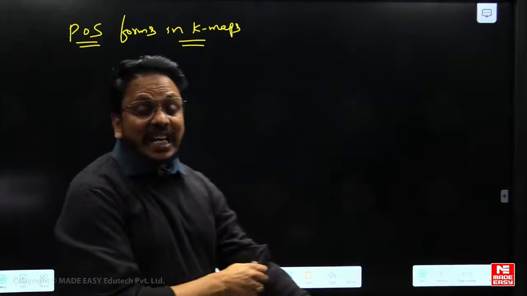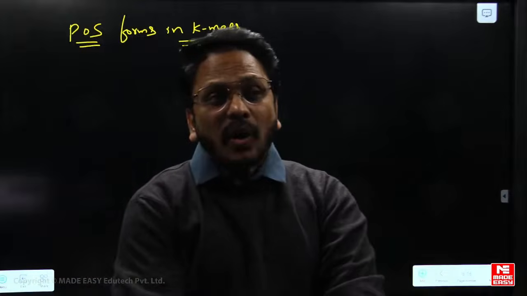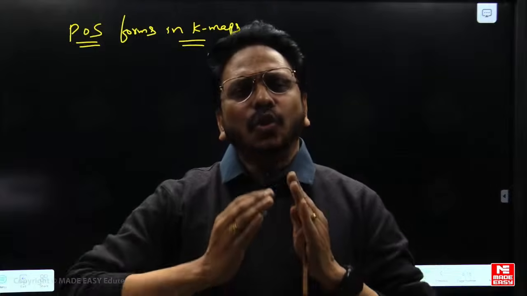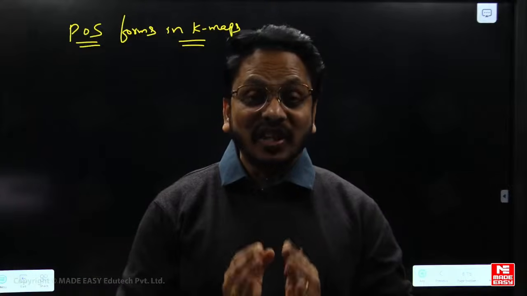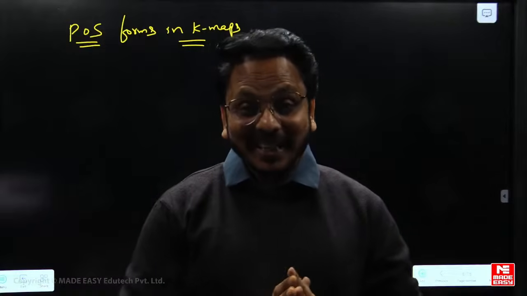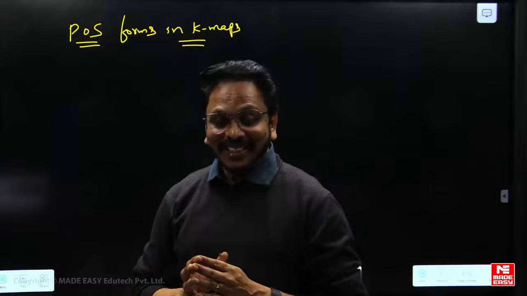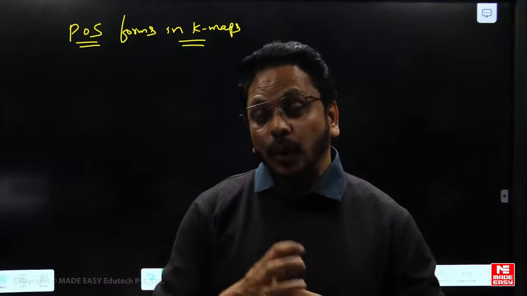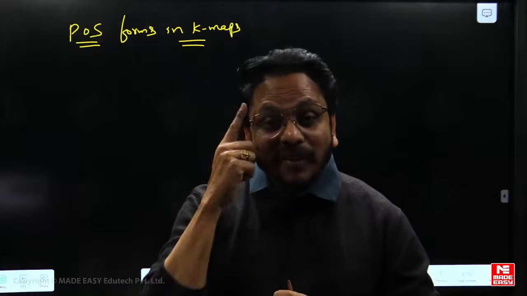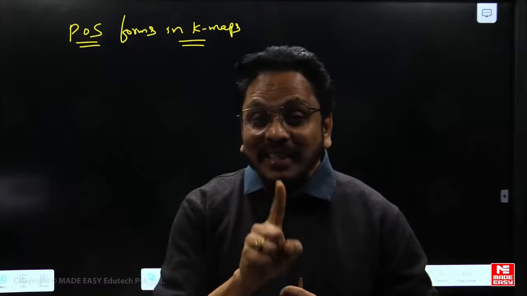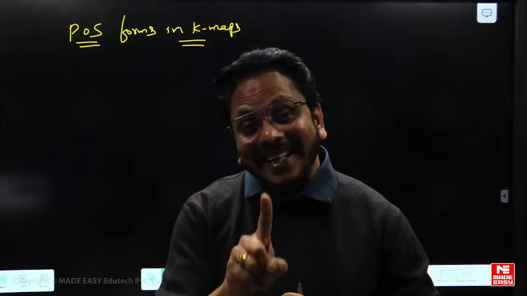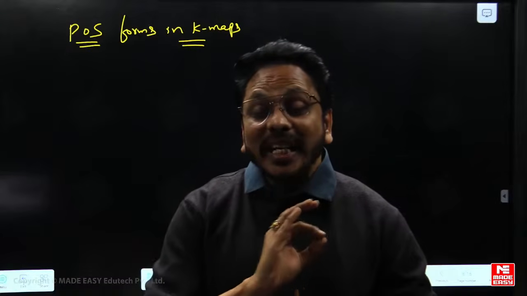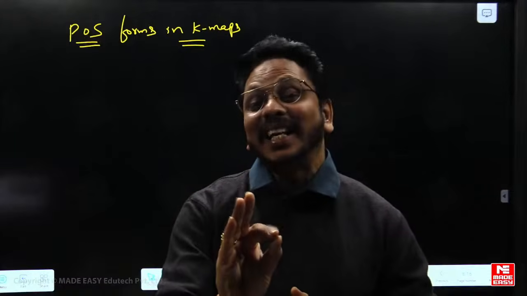But for this one, a short technique is there, because in POS forms in K-maps especially, so many students used to have confusions. Not our MEDG students, because they know about this, but let me handle those also. POS forms, how to do that. Please don't apply your own logic. What Ramesh Sir said, those shortcut technique logics only, please implement them. You'll get things without any confusion, with very clear clarity.